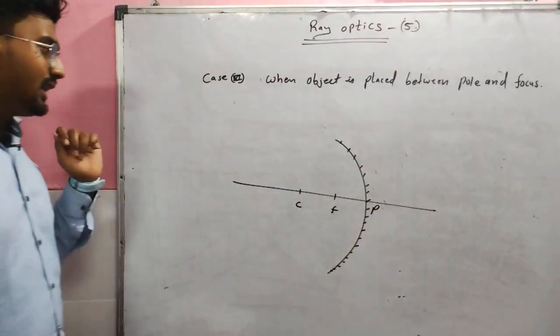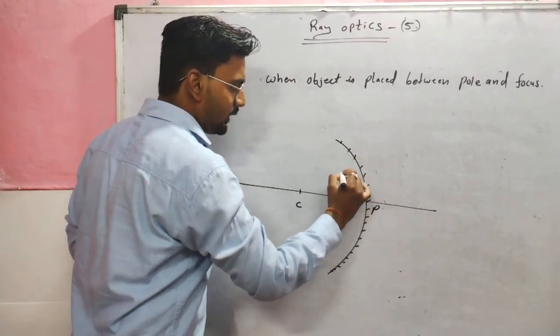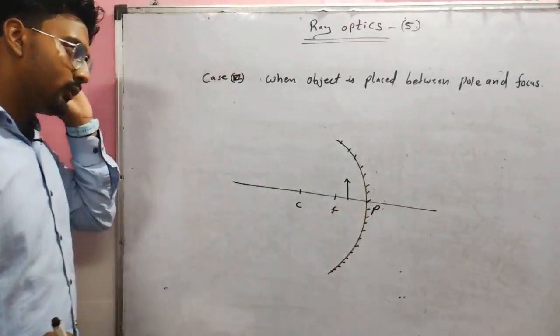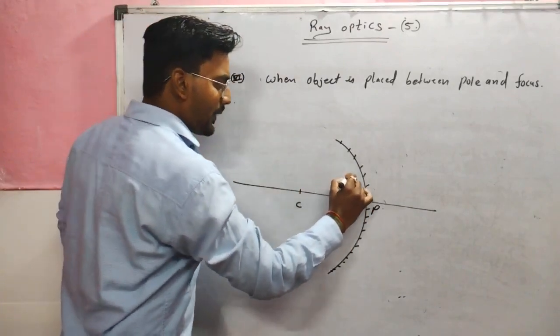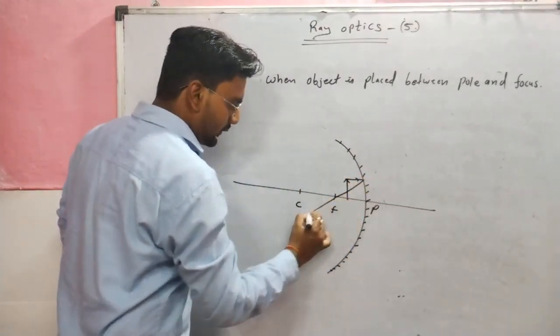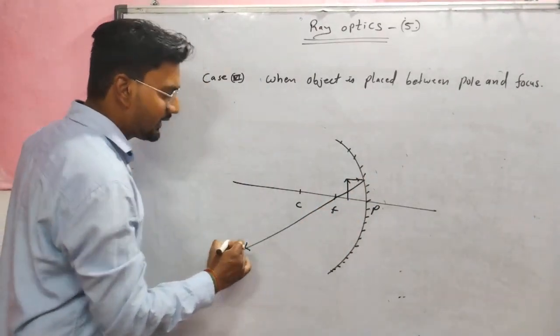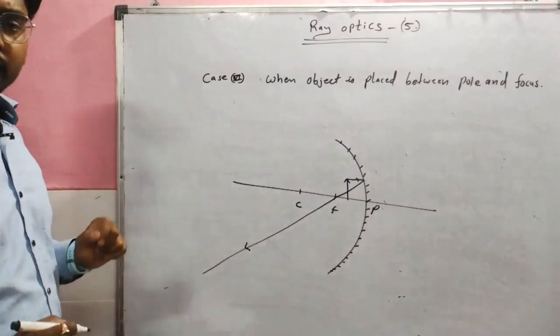And when light ray is coming, object is placed now between pole and focus. When light ray is coming parallel to the principal axis, then after reflection it will pass from the focus. This is our rule number first.